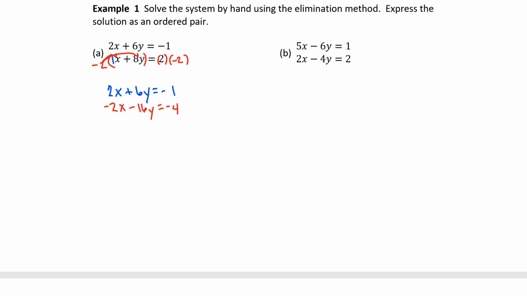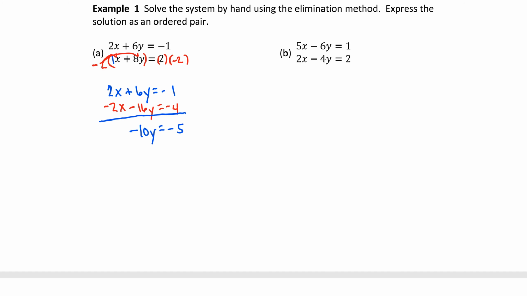Now, if I look at my two coefficients for x, they are opposites. So now I'm ready to add these two equations together term by term. Working vertically, 2x plus -2x is 0x, so the x's cancel out. Moving to the next term, 6y minus 16y gives me -10y, and -1 plus -4 gives me -5.